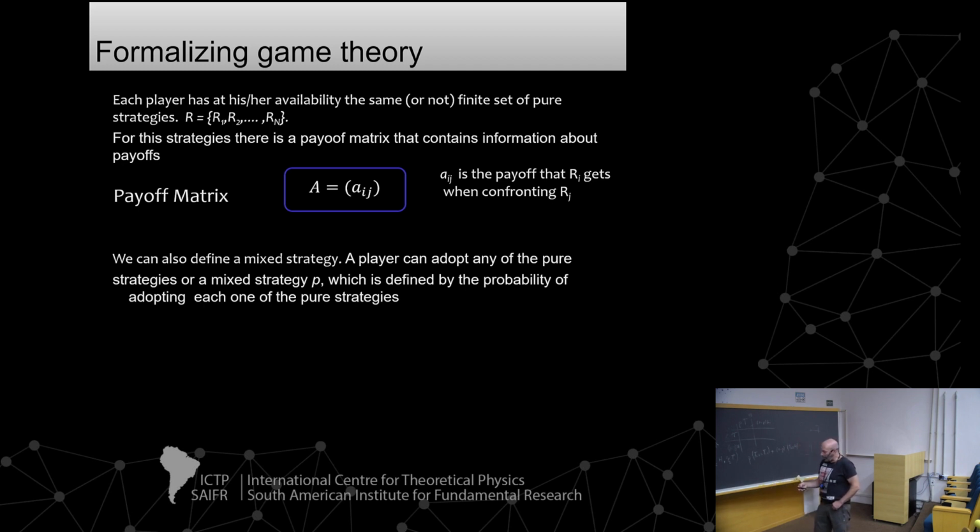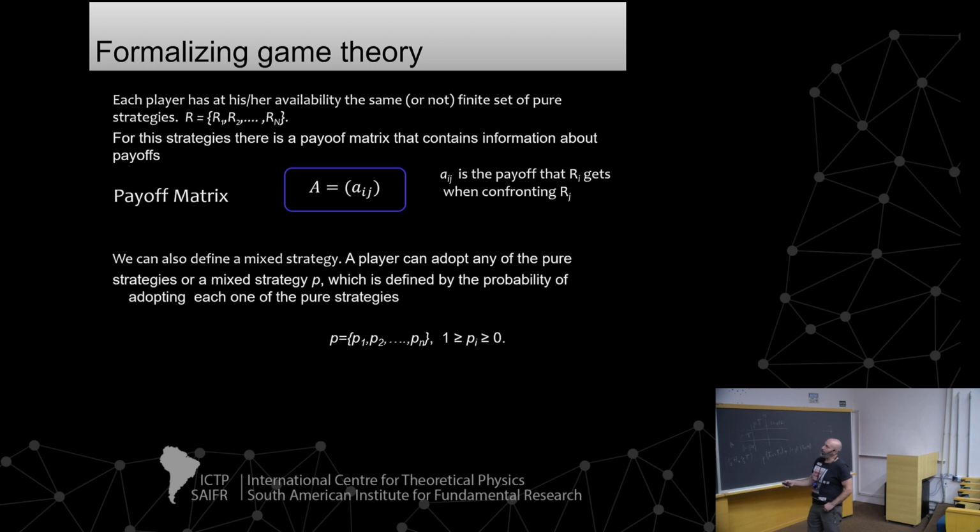But this combination cannot be anything I want. It should be written in terms of the probability of adopting strategy 1, or the fraction with which I adopt strategy 1, then strategy 2, and then strategy n. These numbers are probabilities, so each should be greater or equal than 0 and less or equal than 1.